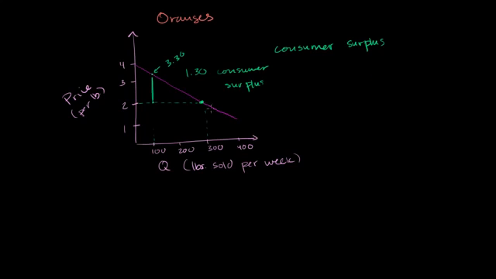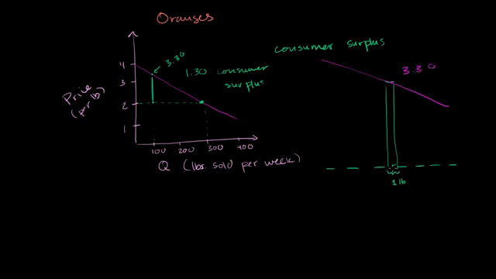Let me zoom in just to make sure you understand what's going on. That thing that I just drew, if we zoom in, will look something like this. It was 1 pound wide. This right over here was $2, and then we had our marginal benefit curve, or our demand curve, sloping down like that. And this point right over here was $3.30.